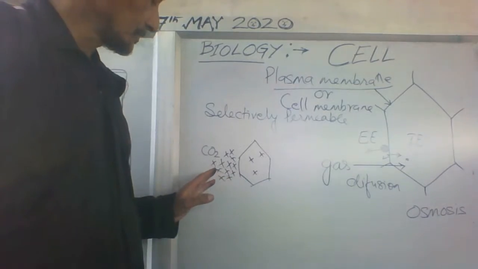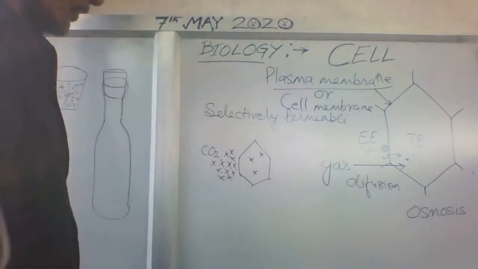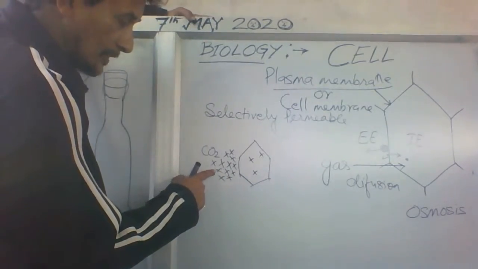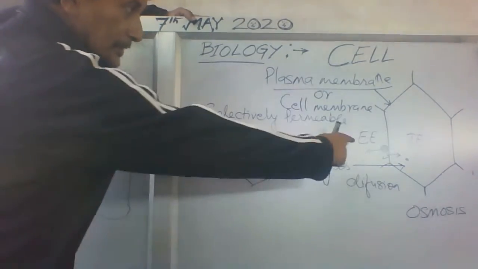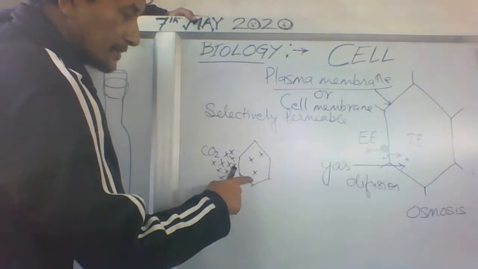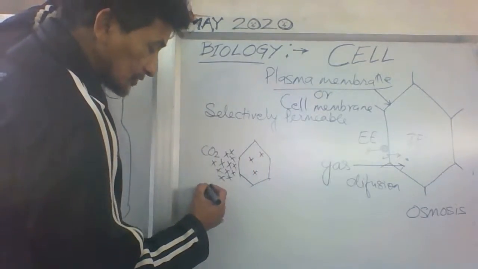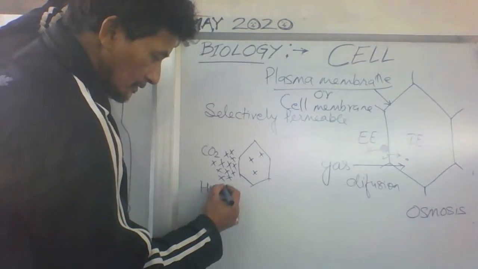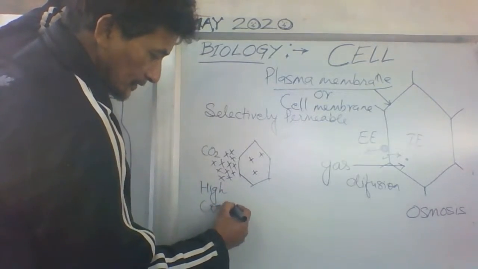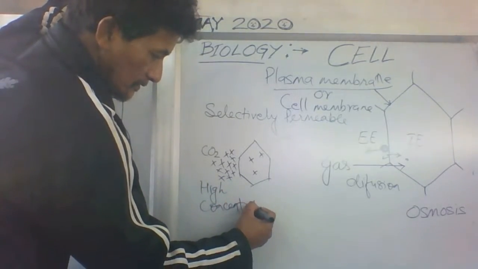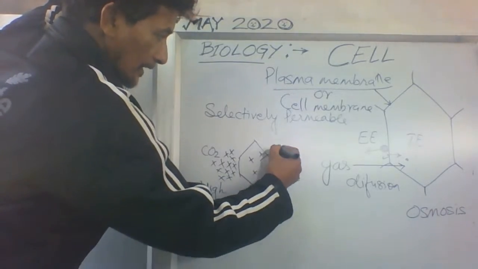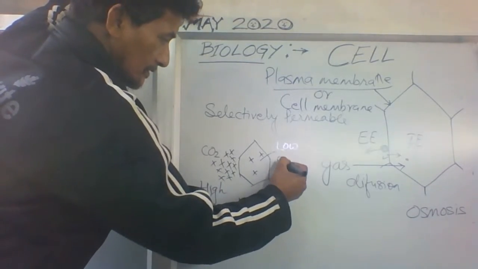Got it? So the number of crosses is more in the external environment in comparison with the internal environment of the cell. So this is the high concentration, and here it is a low concentration.